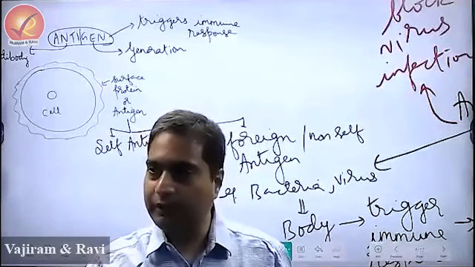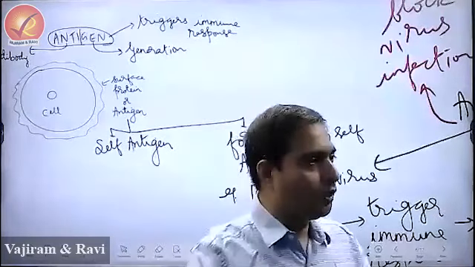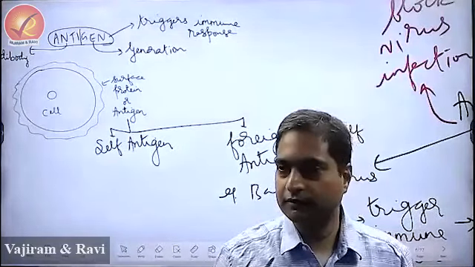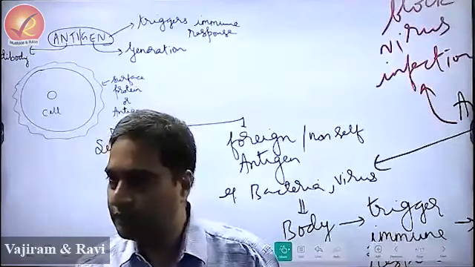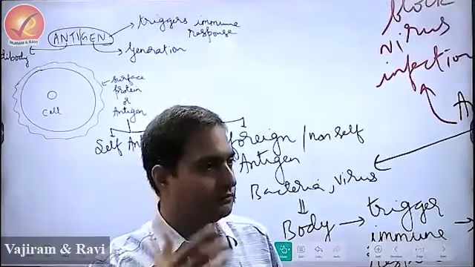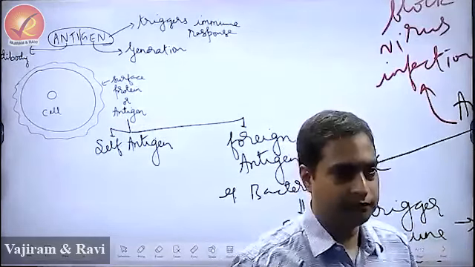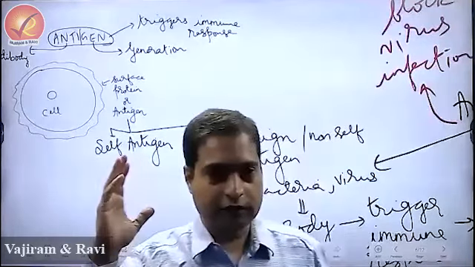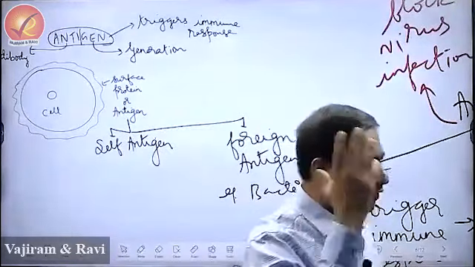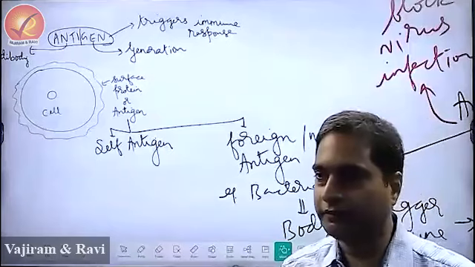Because the antigen of Nipah virus is different. So the antibody required will be different to block the antigen of Nipah virus. So the immunity should produce a diversity of antibodies based on the corresponding antigen. Is it clear? If there are thousands of different varieties of antigen, the body also has to produce 1,000 different types of what? Antibodies also to protect itself.